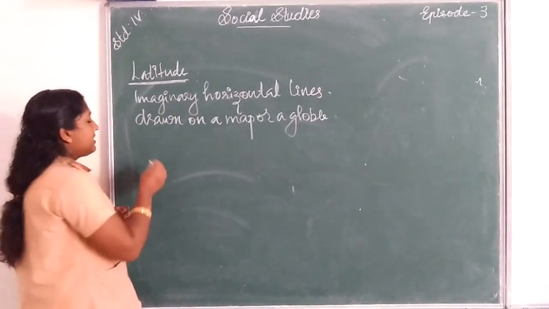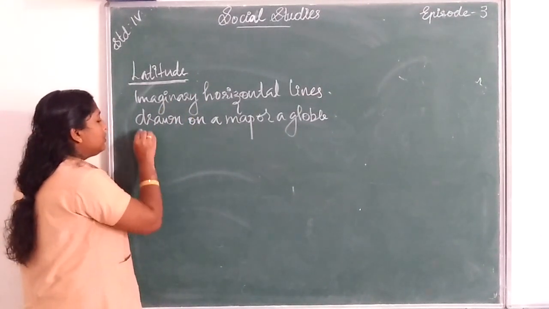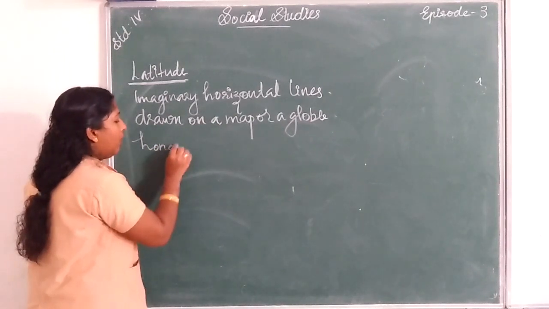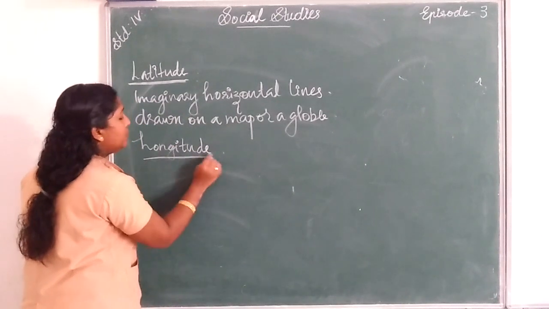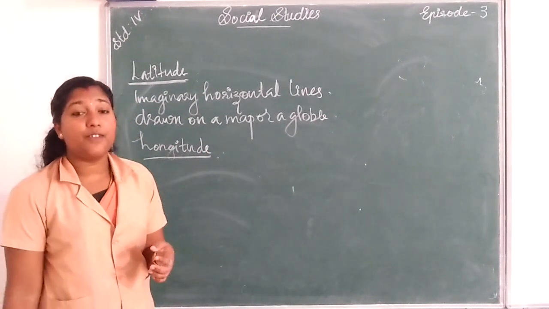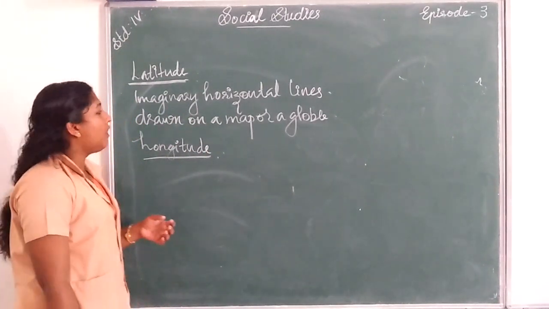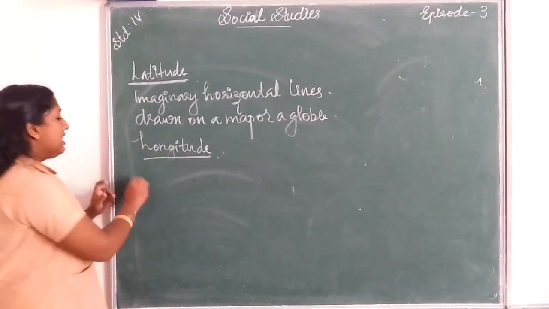Then the next line, longitude. Longitude is imaginary vertical lines drawn on a map or a globe.